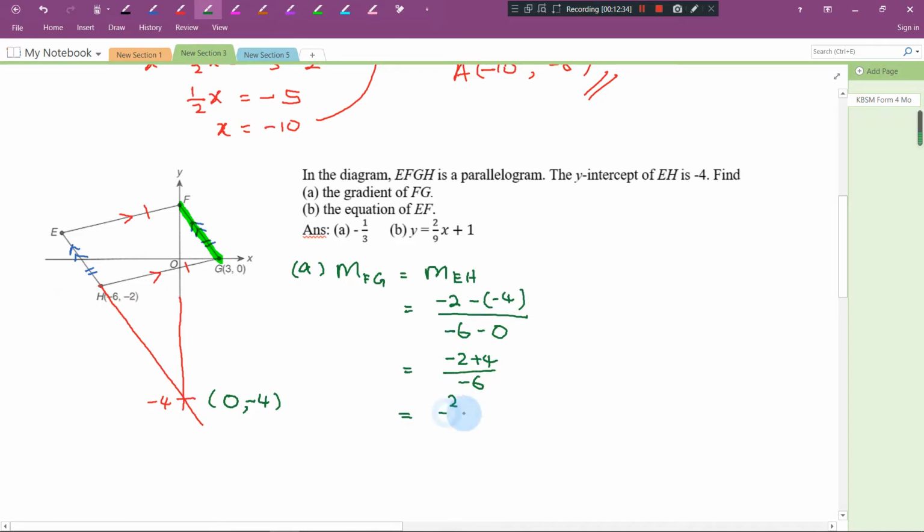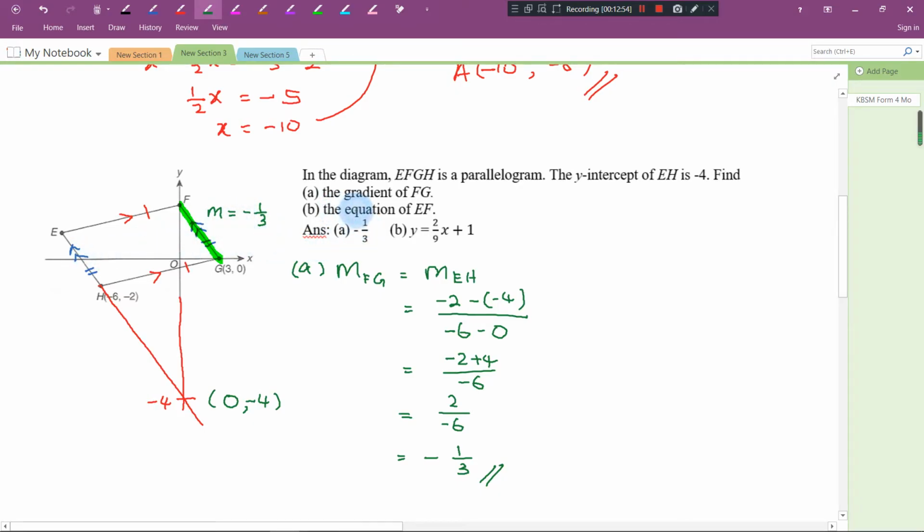This will give you 2 over -6, and it will be -1/3. So this is the answer for this part. The gradient of FG I can write over here is equal to -1/3. This gradient and this are the same, equal.